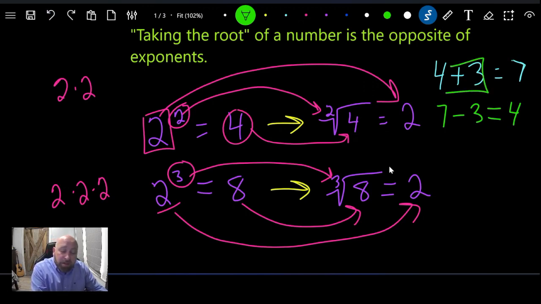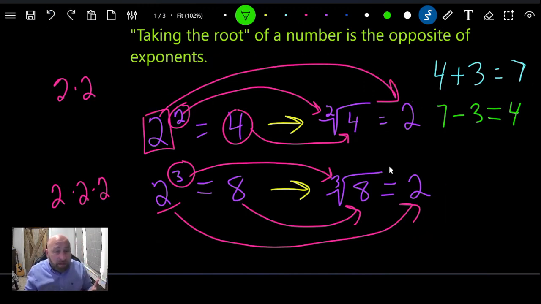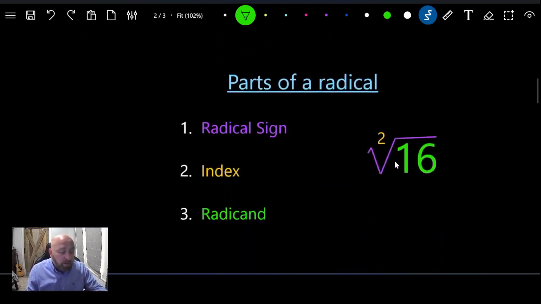I left the second number the same, and then the answer was what we started with. The same process is taking place here. It just looks a little different to you because you're not as familiar with exponents and radicals. But we will be, because we're going to work on this a lot.